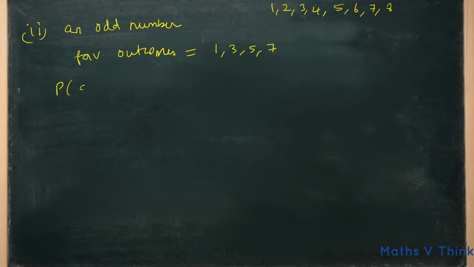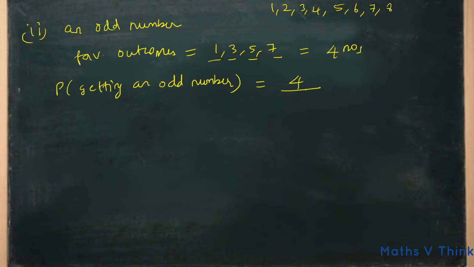So probability of getting an odd number is equal to 1, 2, 3, 4. So 4 numbers. 4 divided by total number of outcomes, which is 8. So 4 ones are 4, 4 twos are 8, which is equal to 1 by 2.